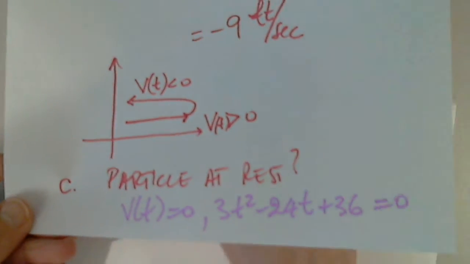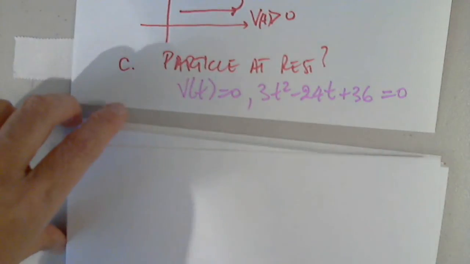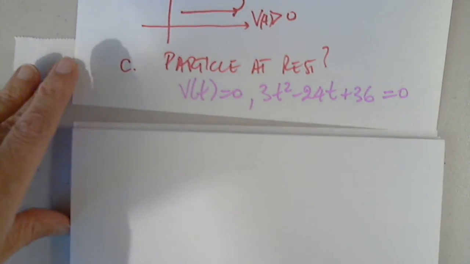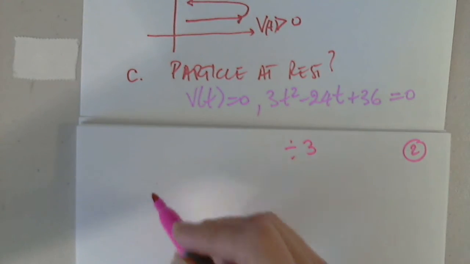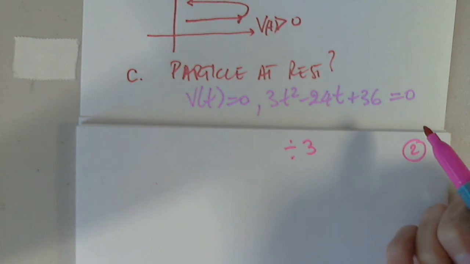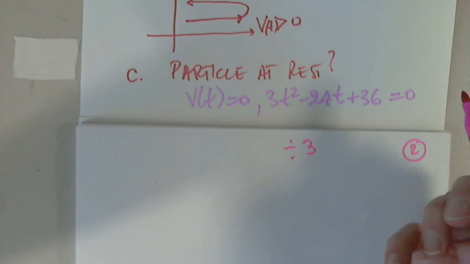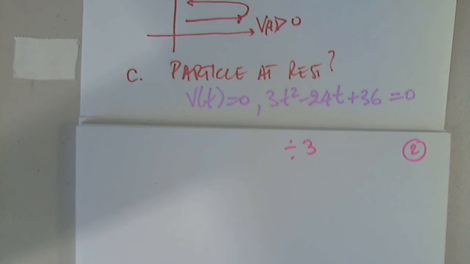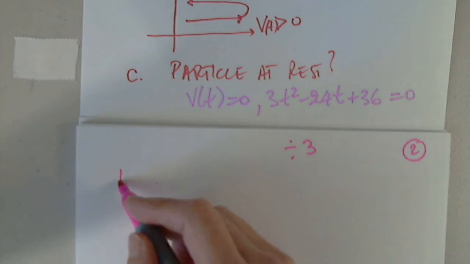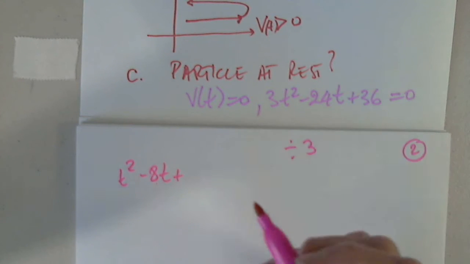Of course, I'm all about simplifying, so what do you think I am going to do first thing? Take out 3. Very good. Simplify dividing everything by 3. So I will not factor it out because it's an equation. If it were an expression, I would have to pull it out. But in this case, it's an equation. I can get rid of it immediately. So t squared minus 8t and plus 12.